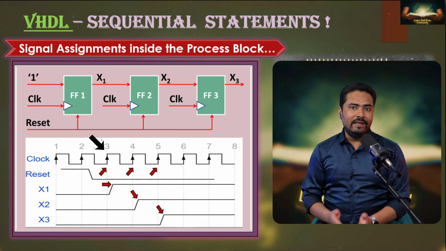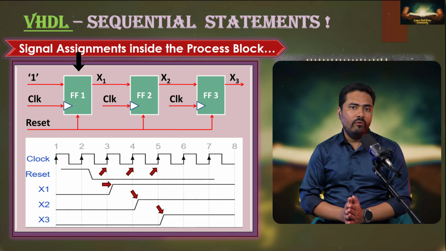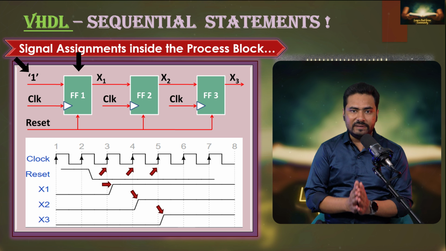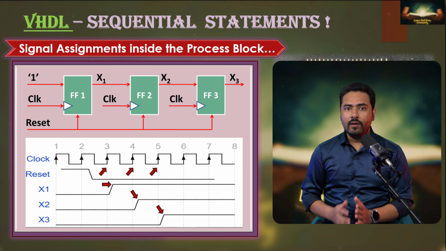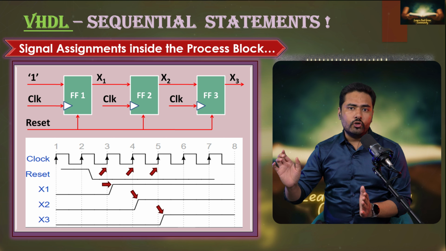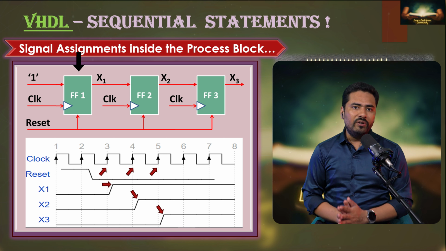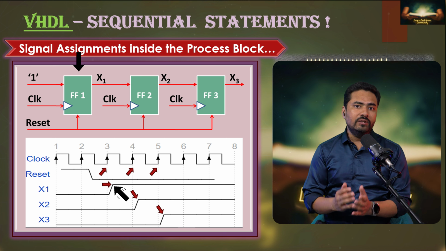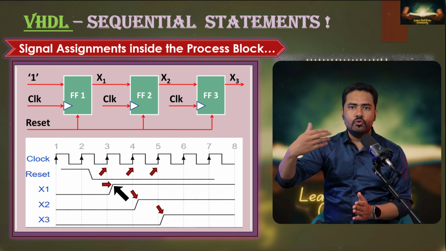On this rising edge, flip-flop FF1 will capture the logical one present at its input. Now, after a small propagation delay in FF1, we see the state of the signal x1 changes from 0 to 1.